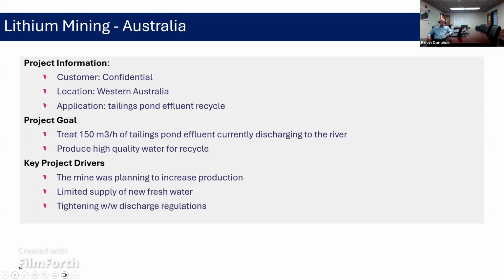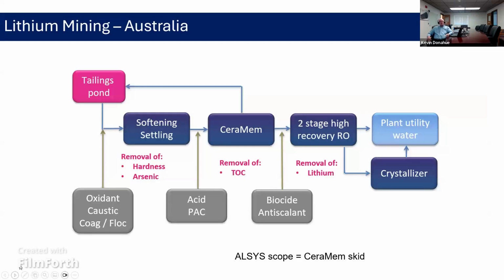Next slide, please. So here's what the process looks like overall. The water from the tailings pond first goes through a softening process to remove hardness and arsenic, which was particularly high here. Then after the softening process, we're adding powdered activated carbon. This is to remove an organic acid that's present in the water, which would be very harmful to the RO membranes.